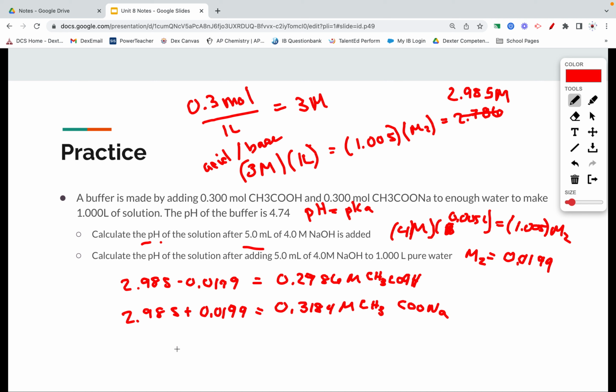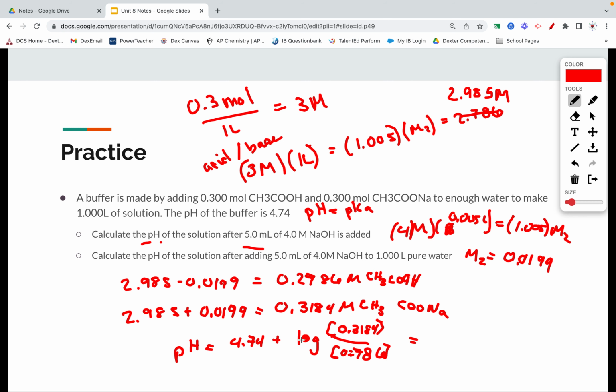Then we can just say pH is equal to pKa, which is 4.74, plus the log of our base over our acid, and we get an answer.